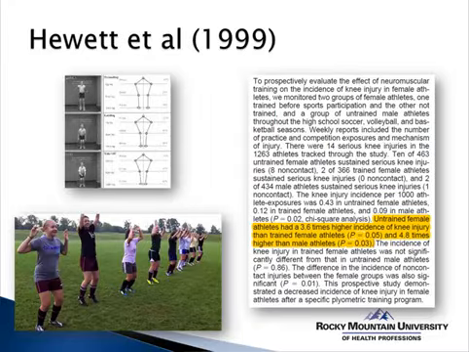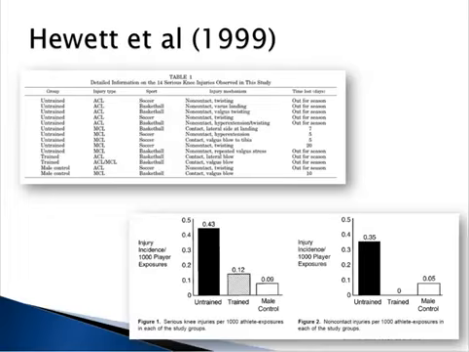Essentially, the trained females became equivalent to the males when it came to injury risk. So this was a very well received, clinically informative study, which really got people doing a lot of injury prevention programs for female athletes.